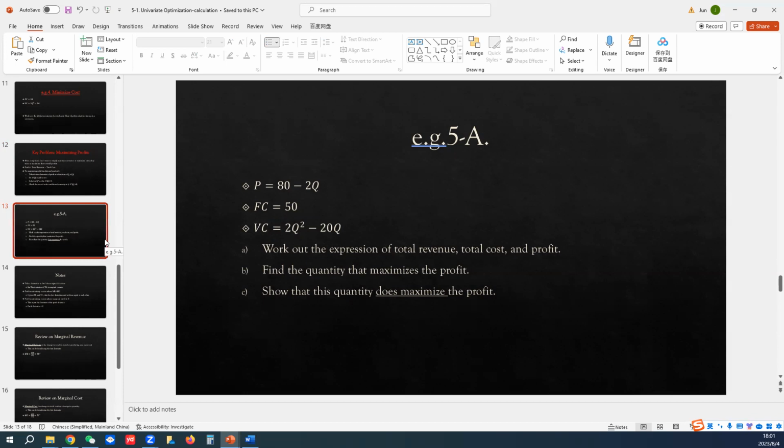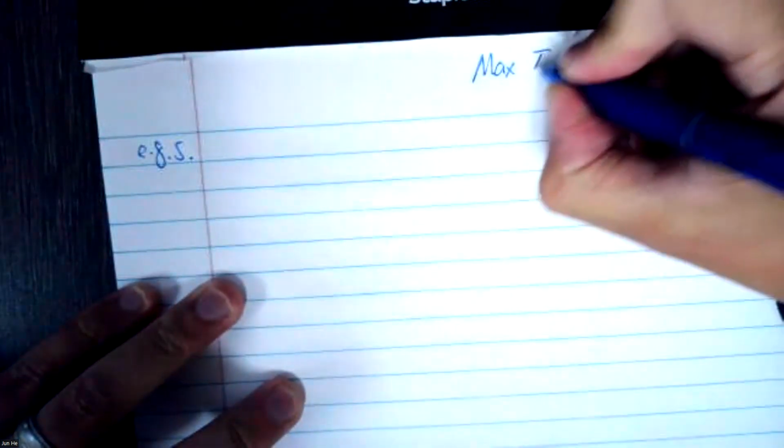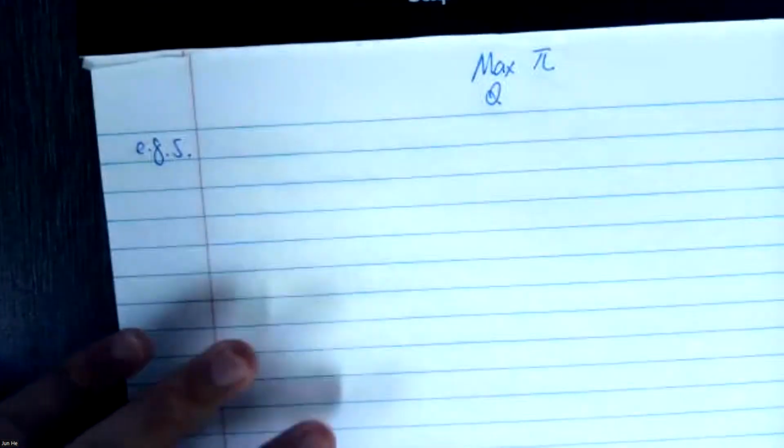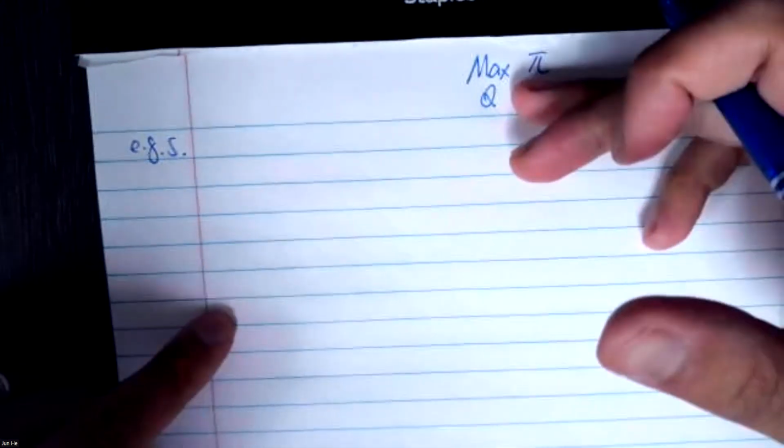Okay, so now let's get to this. In this case, now it's example 5, we are to maximize profit by choosing Q. I would suggest that you always define a problem this way on the side of the paper so that you have a clear idea what you are supposed to do.